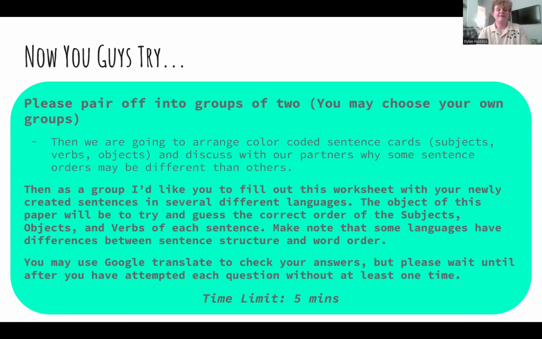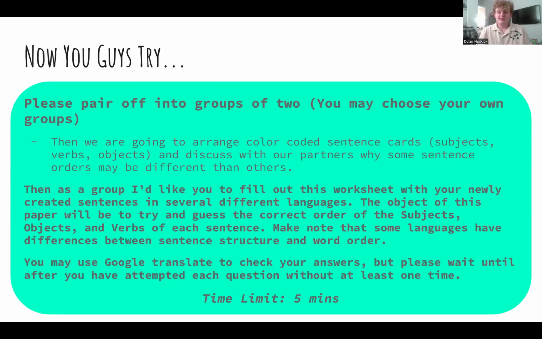All right, now I'm going to have you guys try. You can turn to your partner or you can pair off into groups of two. You may choose your own. And then we are going to arrange color-coded sentence cards. These have already been highlighted, subjects, verbs, and objects, aligning with the colors that I've already discussed on the board. And you guys are going to, in your small groups, discuss with your partners why some of these sentence orders may be different than others.